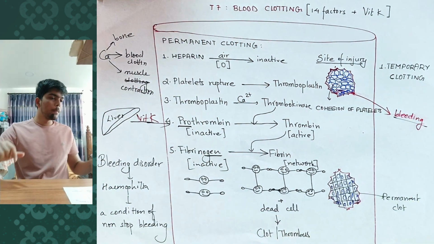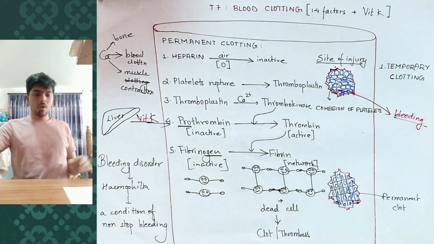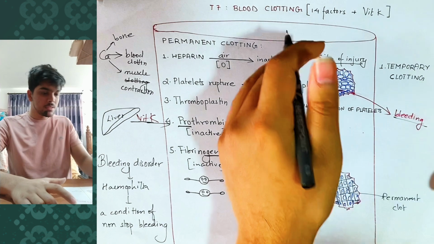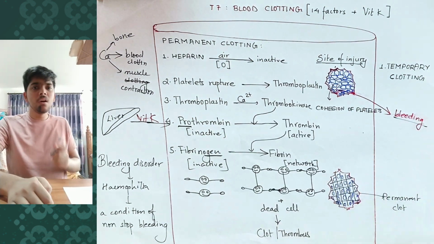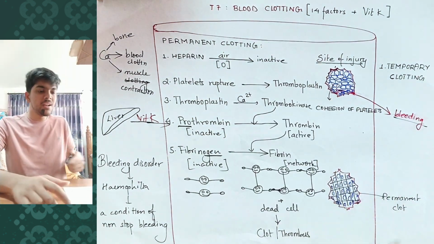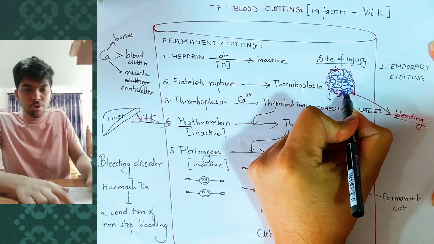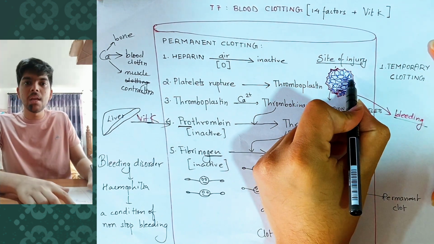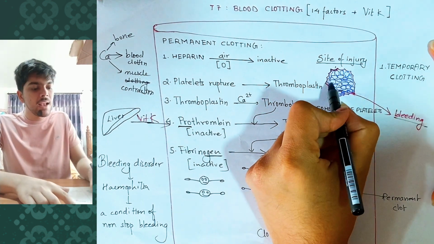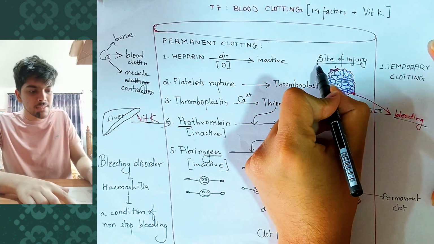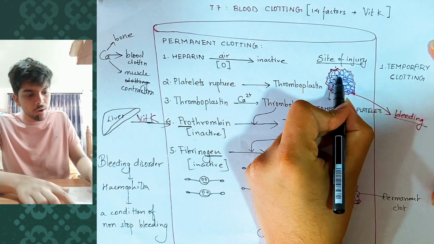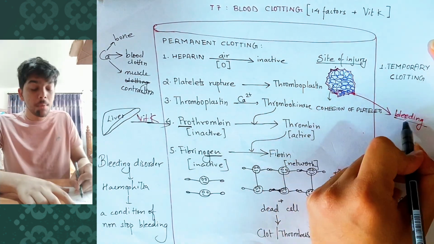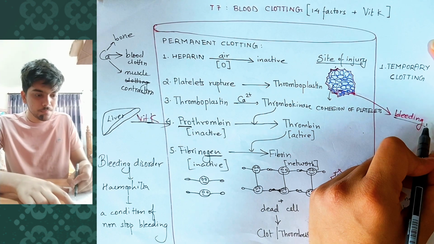So let's continue. Blood clotting. Here's your blood vessel. Suppose you get pricked or injected with a needle at this point on your blood vessel. As a result, your blood vessel suffers a puncture. From the point which is the site of injury, where the blood vessel has been punctured, blood starts to come out, or bleeding takes place.